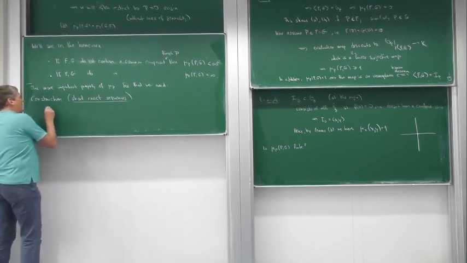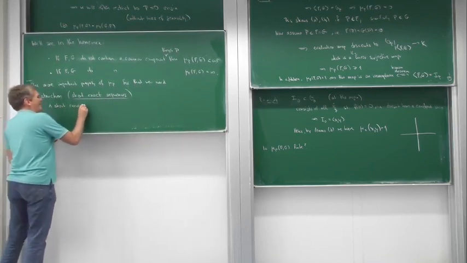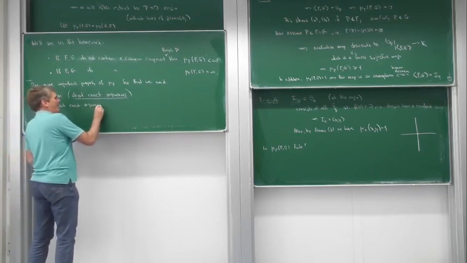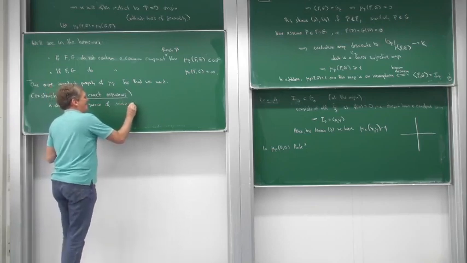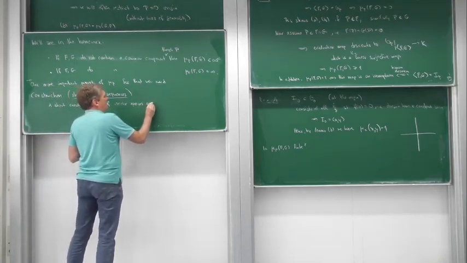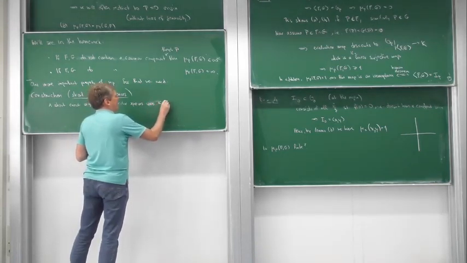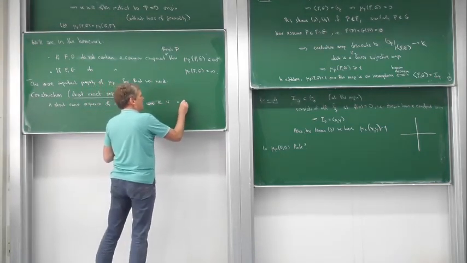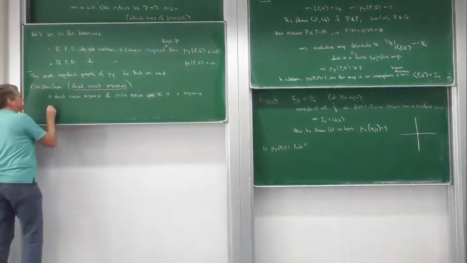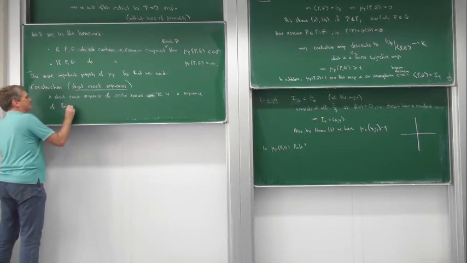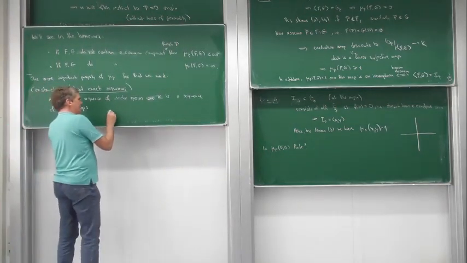So we say a short exact sequence of vector spaces over a field is a sequence of linear maps. So K-linear maps as vector spaces.